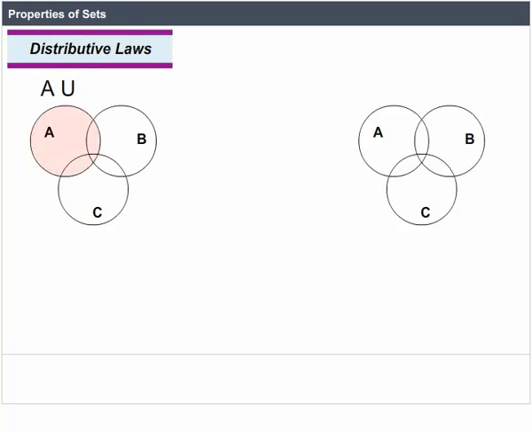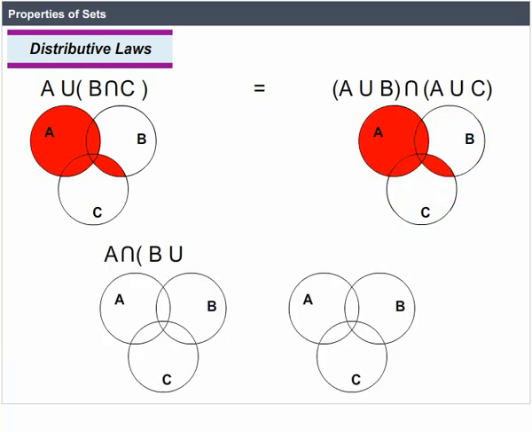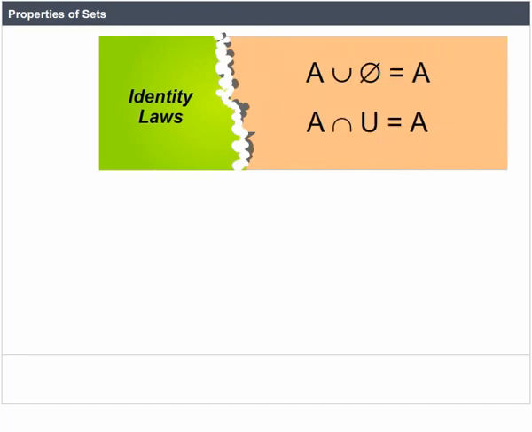A union (B intersection C) equals (A union B) intersection (A union C). A intersection (B union C) equals (A intersection B) union (A intersection C). Identity laws. A union empty set equals A. A intersection universal set equals A.